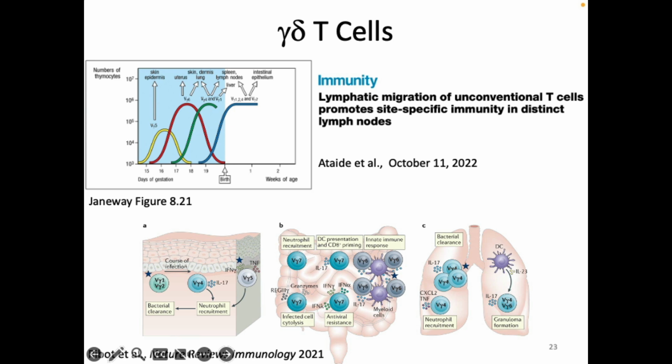They develop pretty early in development, and so they may be really key in young organisms. There's a lot that's not super well known about them, partially because, as I mentioned, they tend to be in barrier tissues, not as much in the blood and in other types of tissues.